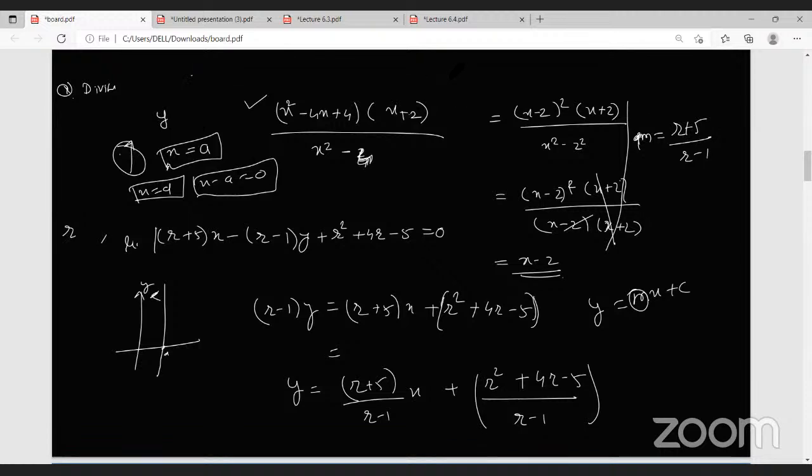Slope is not defined means what? 1 by 0, sir. Yeah, dy by dx is not defined, right? This is 1 by 0. So how can we make sure that for a particular value of r the slope is not defined? The denominator r minus 1 must be equal to 0, right? Yes, sir. So r equals 1. Right? 1 is the answer.